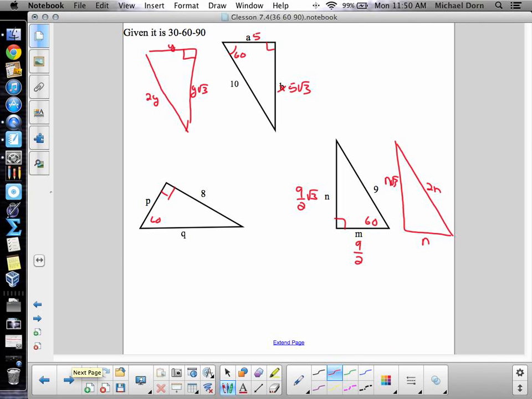This is a little more complicated. Here I'm giving you the long leg. Again, we can draw our reference triangle in. I have short leg, hypotenuse, long leg. 8 is the short leg times the square root of 3, isn't it? Now I have a little bit of algebra to do.